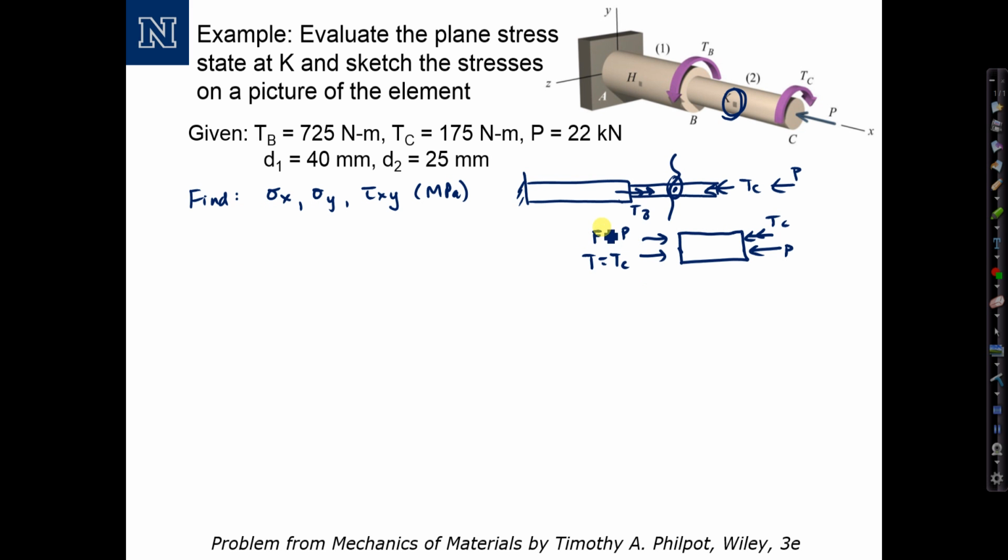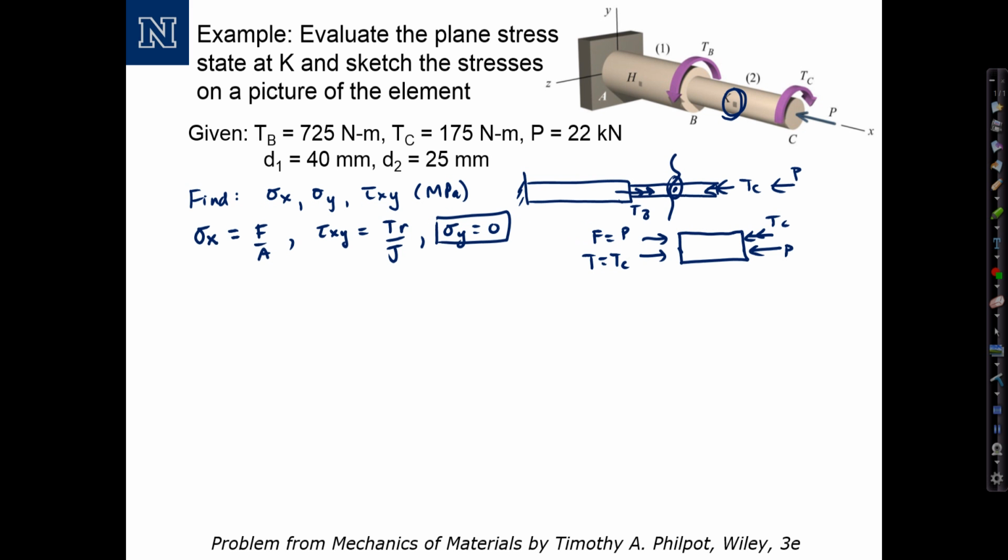We know that the internal force F gives rise to an axial stress, sigma x, equal to F over A. We know that the internal torque T gives rise to a shear stress, tau xy, that is equal to TR over J. And there's no loading that's going to cause a stress sigma y in the y direction, so we'll conclude that sigma y is equal to 0.